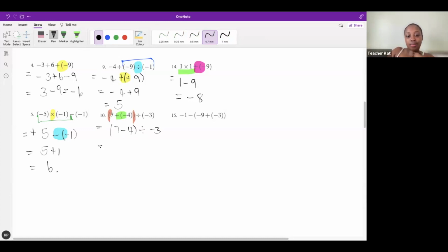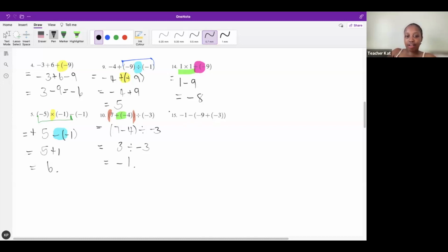We're still inside the bracket. It is 3. Divided by -3. I'm dividing and I have a positive and a negative. So my answer is going to be what? A negative. Thank you very much, Logan and Nompumelelo and Yolanda. And 3 divided by 3 is 1.